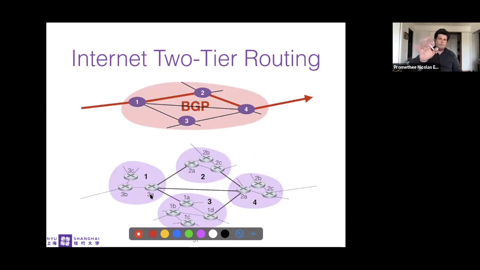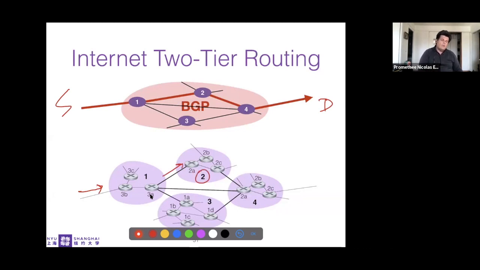Within the domains, BGP doesn't have the detail. But it can tell us that, okay, if you want to reach a given destination, which is here, from that source, this is the sequence of domains, each of which has a number, that you need to go through. So it means that when I enter this traffic, I enter that domain here, given that I need to exit such that I can reach domain 2.